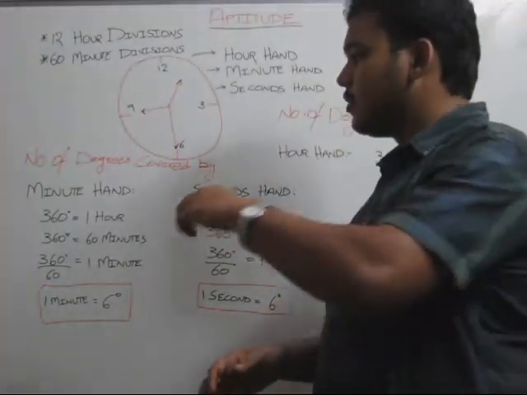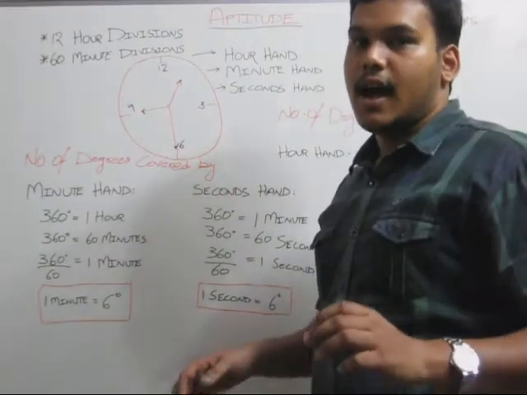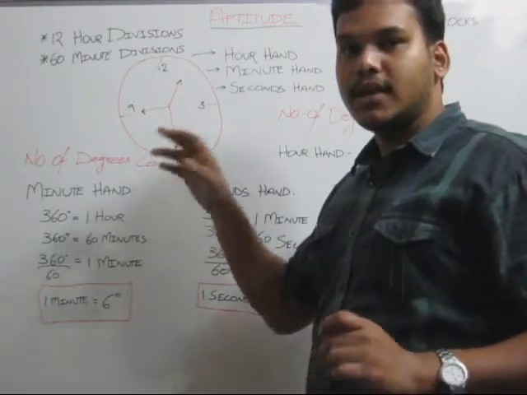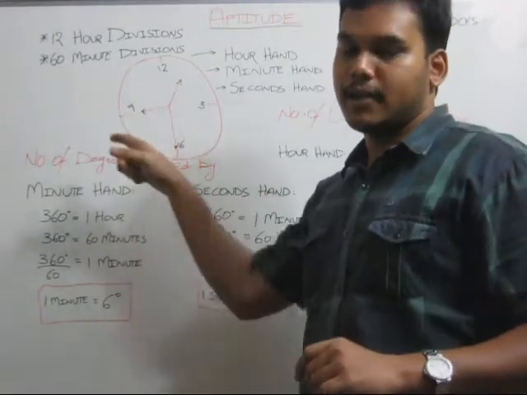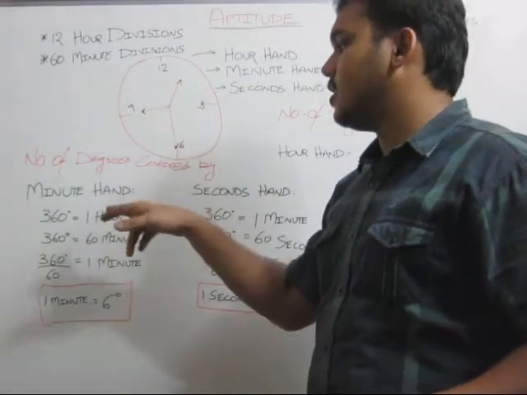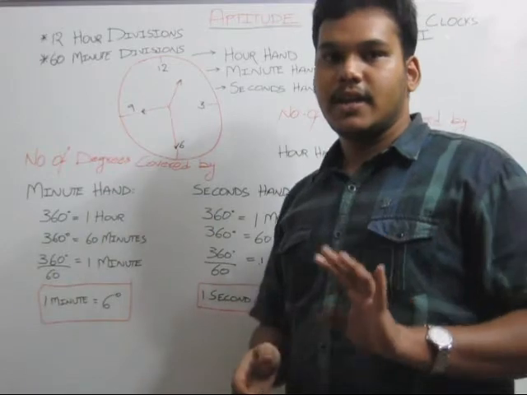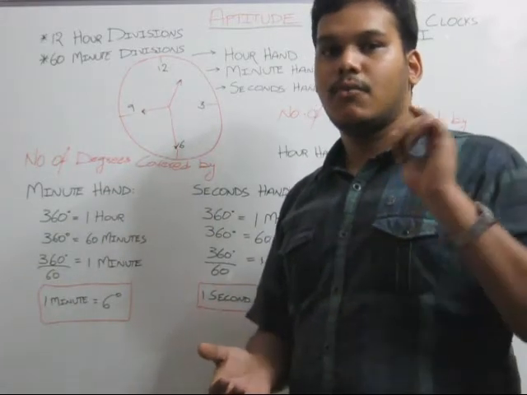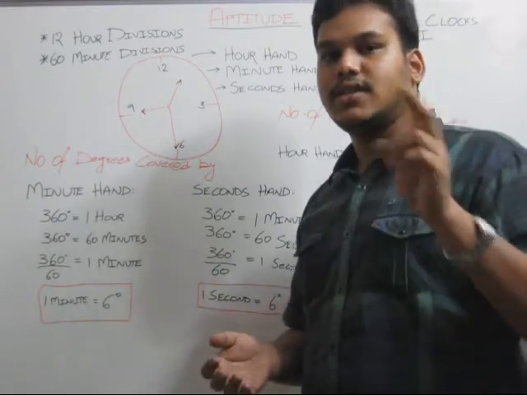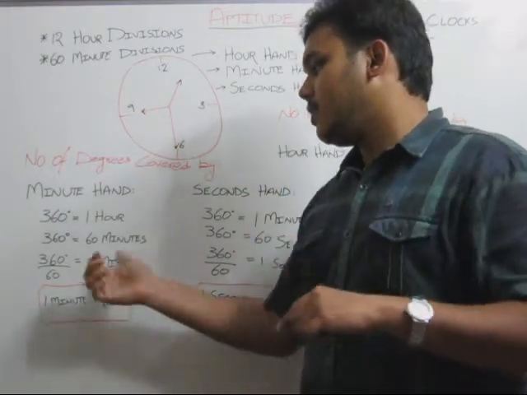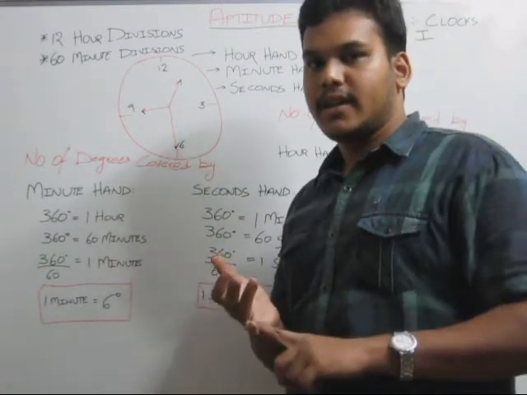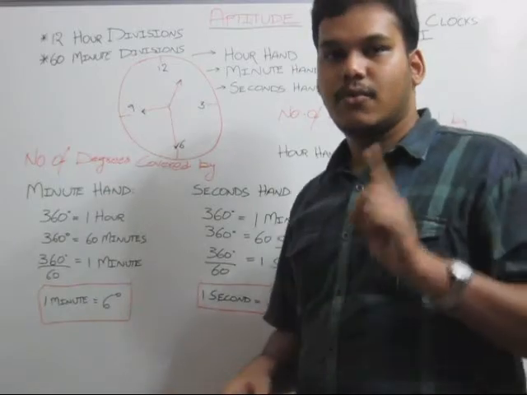Coming to the minute hand, the time taken by the minute hand to complete one revolution, which is 360 degrees, is 1 hour. If we equate these 360 degrees to 1 hour, we get the number of degrees covered by the minute hand as 6 degrees for 1 minute.